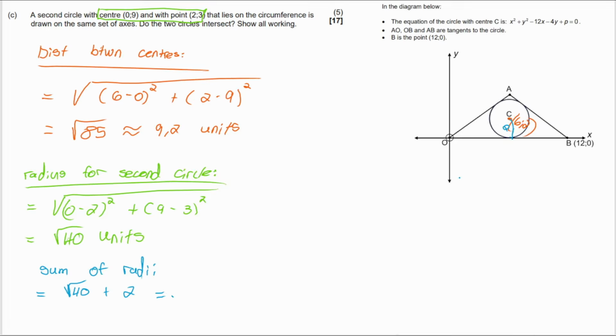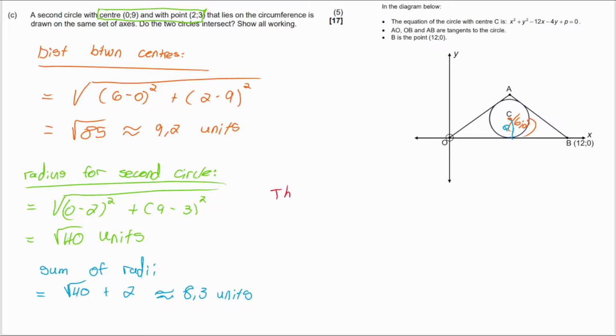It's approximately 8,3 units. So what we can say now is the distance between the centers is greater than the sum of the radii, so they do not intersect.